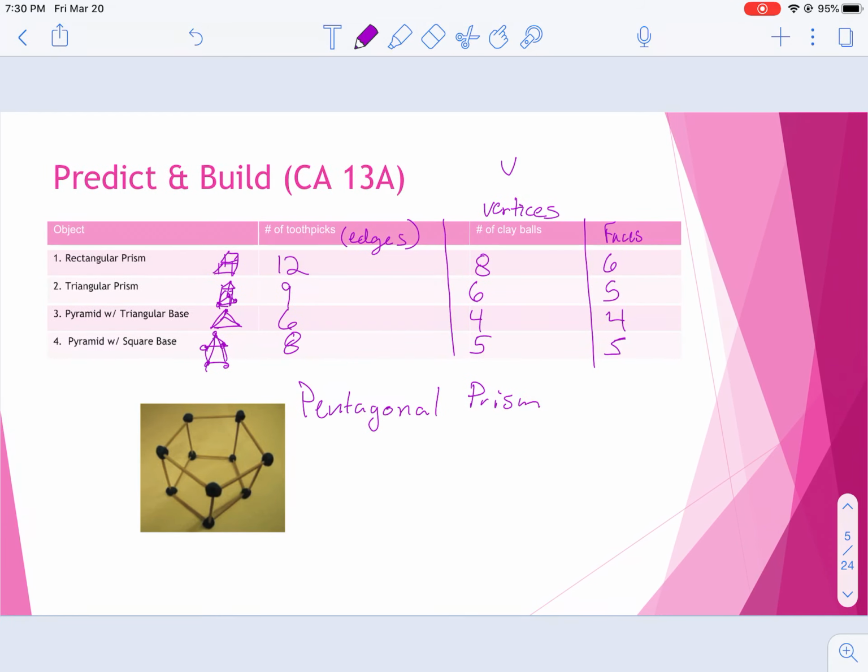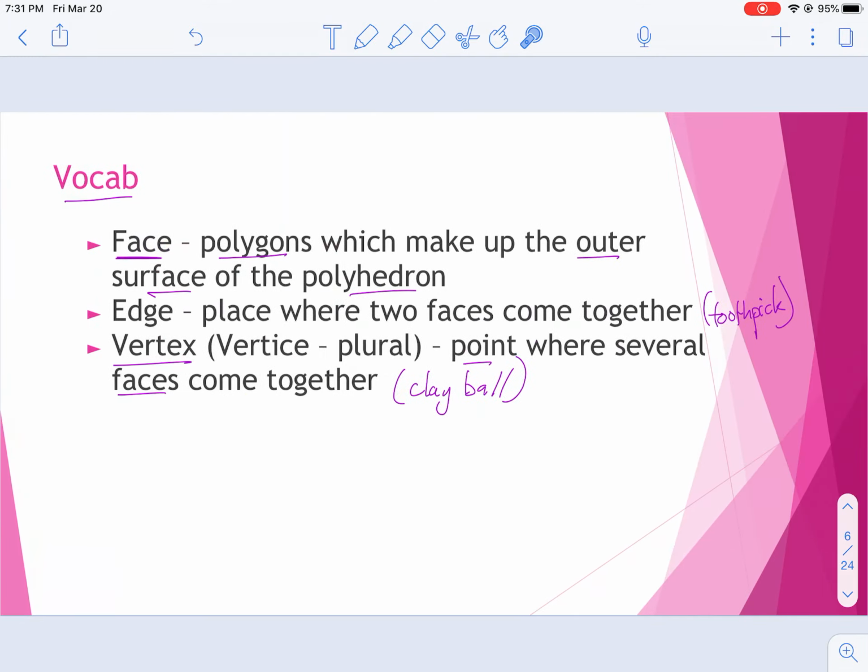His formula was vertices and faces added together equals edges plus 2. Check it out. 8 and 6 is 14. That's 2 more than 12. 6 and 5 is 11. That's 2 more than 9. 4 and 4 is 8, which is 2 more than 6. 5 and 5 is 10, which is 2 more than 8. And so Euler's formula works for any polyhedra that we can create.